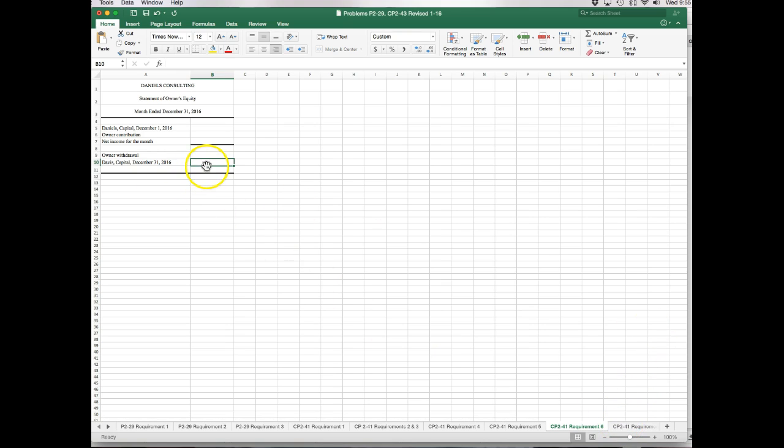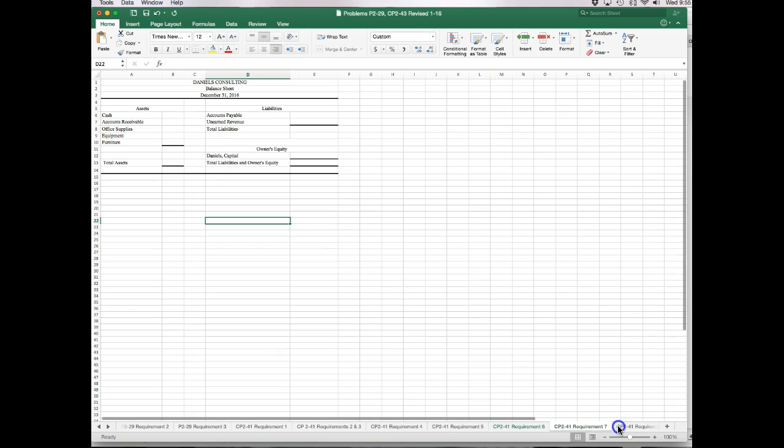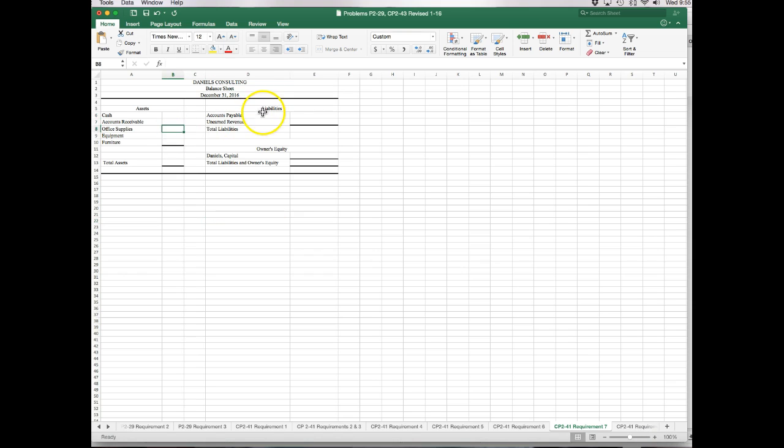Now, this ending capital is going to come over to our next financial statement, the balance sheet. In this balance sheet, what we're going to be doing is just listing out our assets, our liabilities, and our owner's equity. So you just take the amounts from the trial balance and you list all your different asset accounts. Then you're going to be listing all your liability accounts. You're going to add up your assets. Then you're going to add up your liabilities.